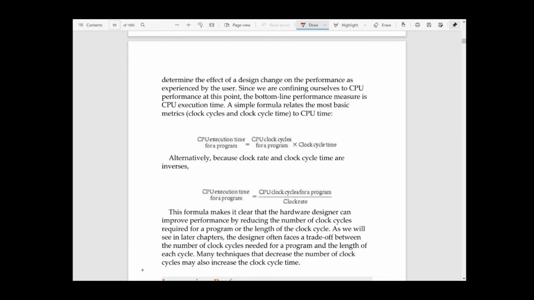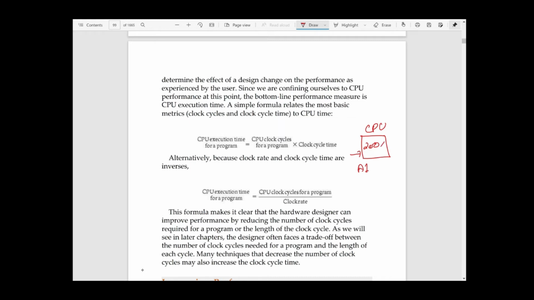CPU execution time means total clock cycles required for a program in a CPU. Suppose this is your CPU, and this is the program A1 you want to run in this CPU. When you are executing this program in the CPU, the total cycles required is 200. 200 cycles are required in the CPU to execute A1. So what is the time?